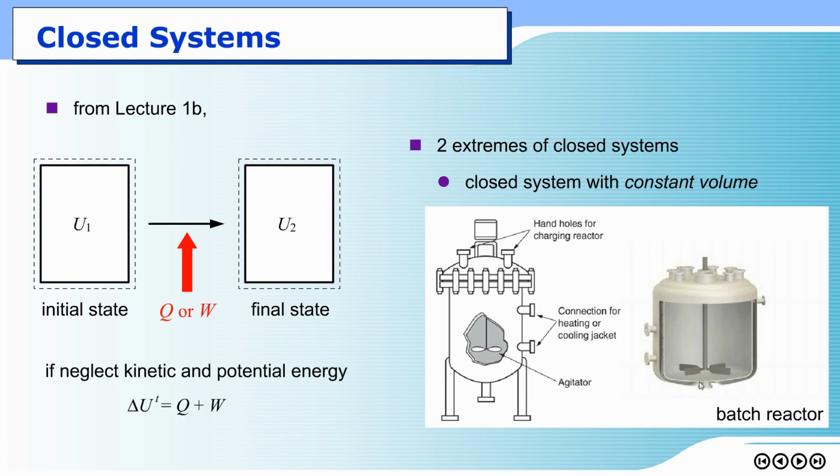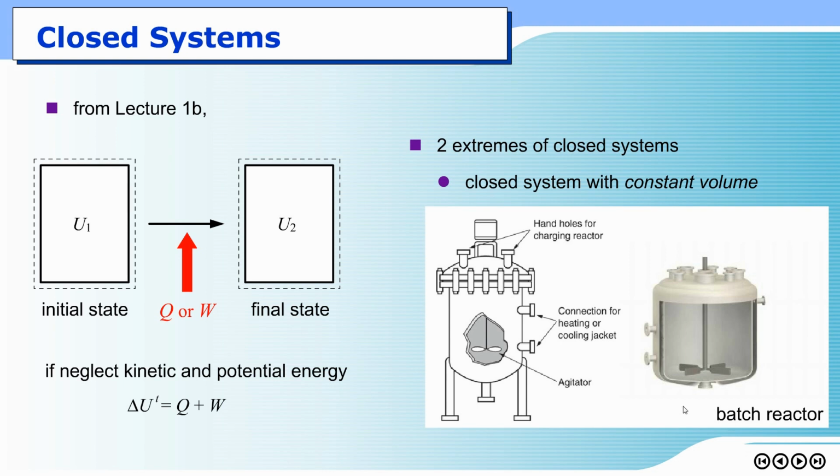But if you use this stir tank as a vessel to conduct a reaction, then the equipment would be called a stir tank reactor. If you put liquid or reactant in there, you stir them, then the reaction takes place inside, and you wait until the reaction completes and drain the products out. The operation will be done in batch, and this is what we call a batch reactor.